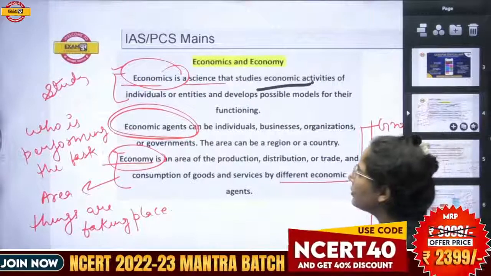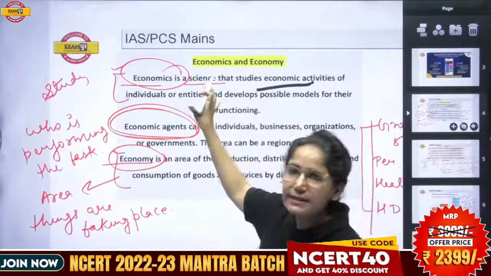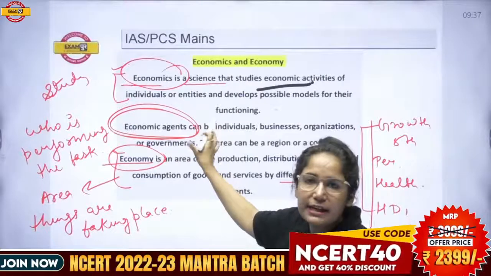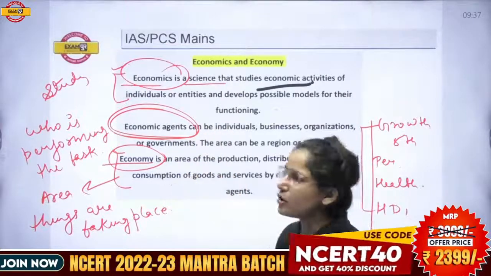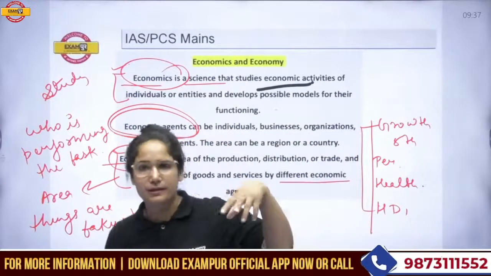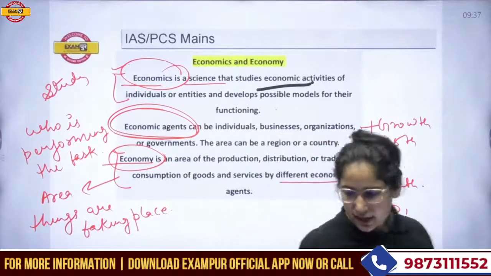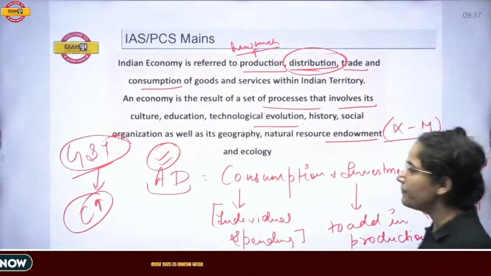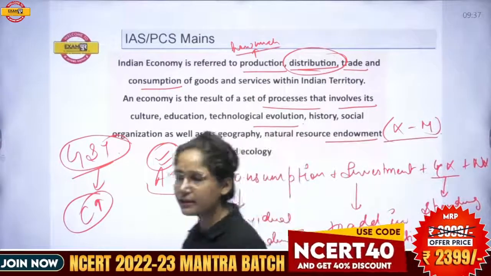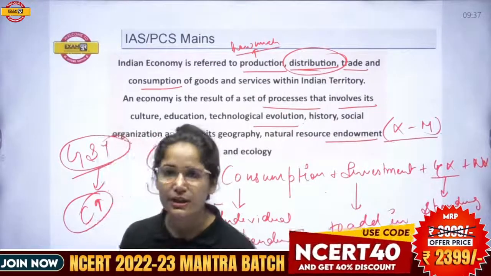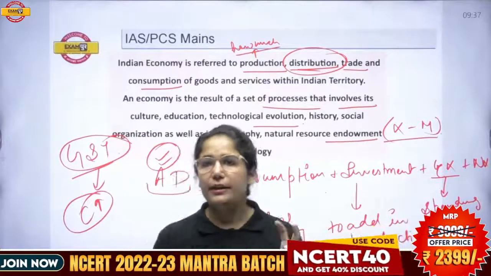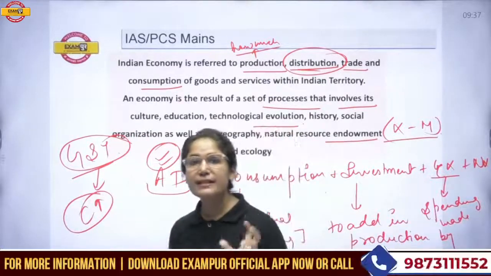It is all about the study, the way we are studying on the basis of figures, and economic activity, who is really performing the task, and economy is all about where the things are taking place. Okay, where the things are taking place, like production, consumption, and wherever we are talking about. Economy is hovering around every subject, because the ultimate objective of the person is to acquire utility, to acquire satisfaction.